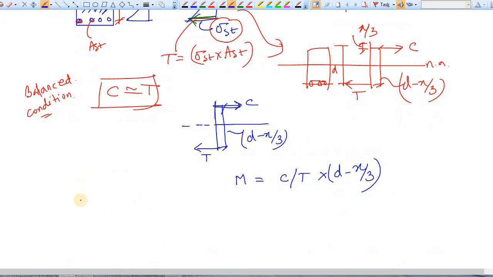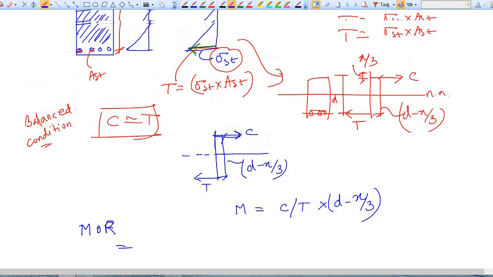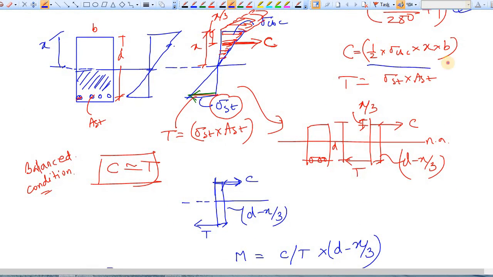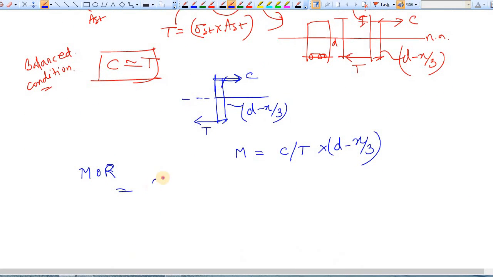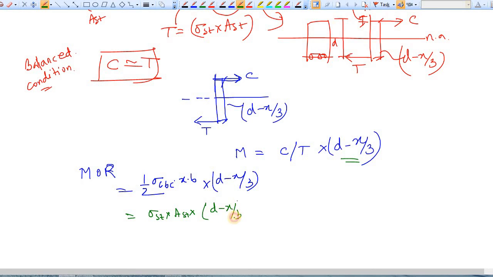So now the moment of resistance of the section is given as either compressive force or tensile force. Compressive force is sigma CBC times x times b by 2 into lever arm, that is d minus x by 3, or you can use the tensile force, that is sigma ST into AST into lever arm, that is same, d minus x by 3.